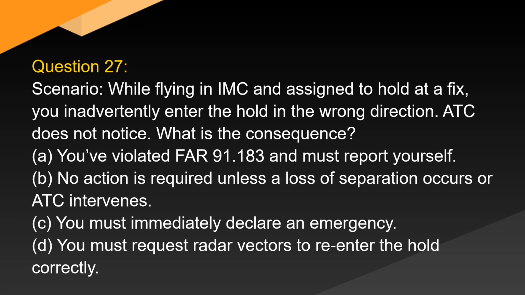A. You violated FAR 91.183 and must report yourself. B. No action is required unless a loss of separation occurs or ATC intervenes. C. You must immediately declare an emergency. D. You must request radar vectors to re-enter the hold correctly.